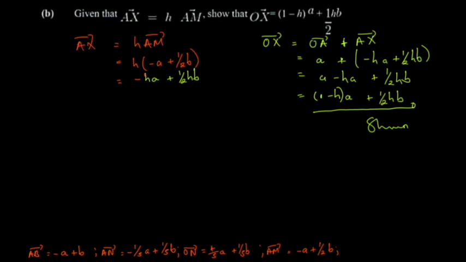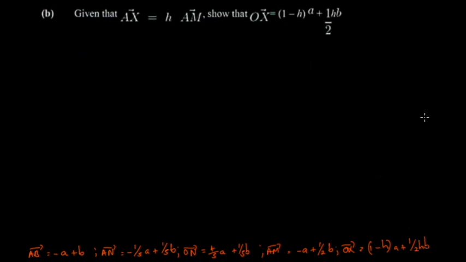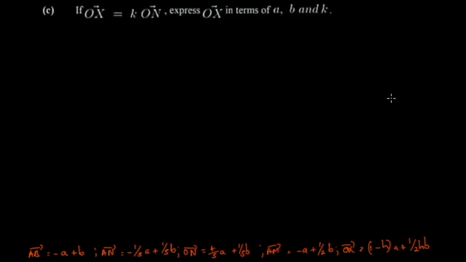Okay, so let's actually record our answer just like we did the last time. So we have OX equal to 1 minus H A plus half HB. Okay, so let's quickly rub, and once we rub, we move over to the next part.